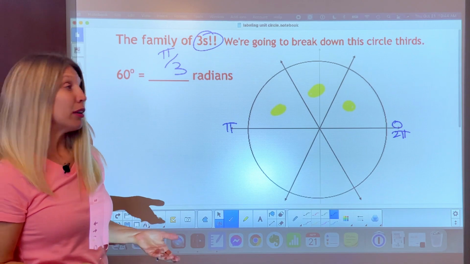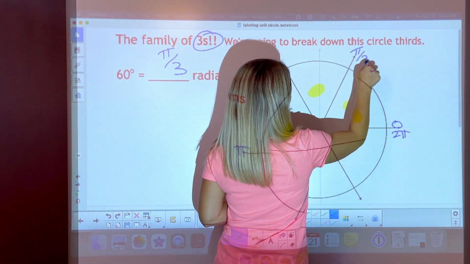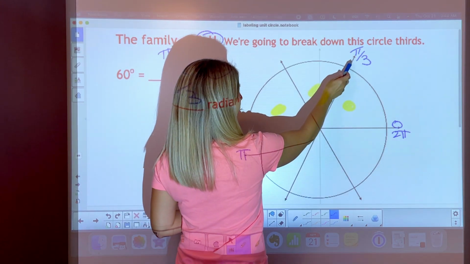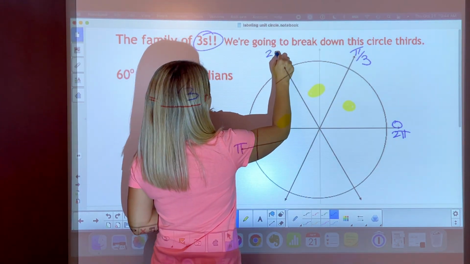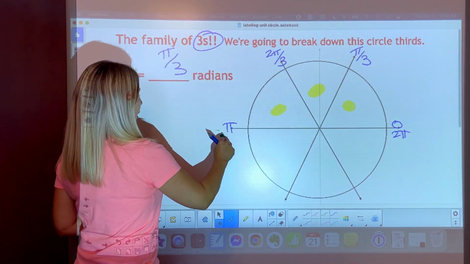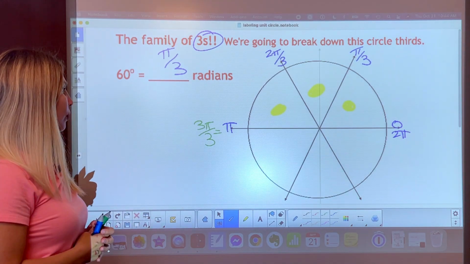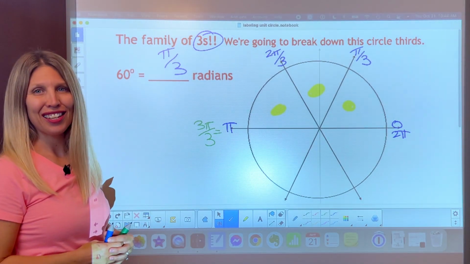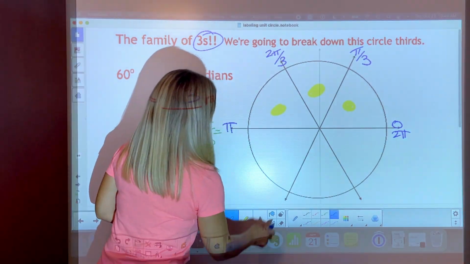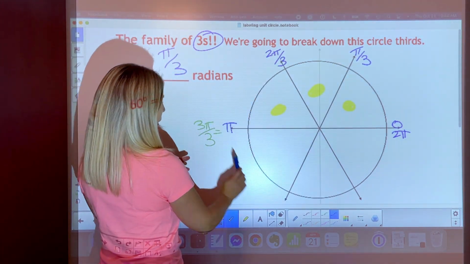Since we're doing the family of 3s, this is going to be pi over 3. So 1 pi over 3, 2 pi over 3, and of course over here is 3 pi over 3, which again reduces down to pi. Then down here, we're just going to continue. 1 pi over 3, 2 pi over 3, 3 pi over 3.